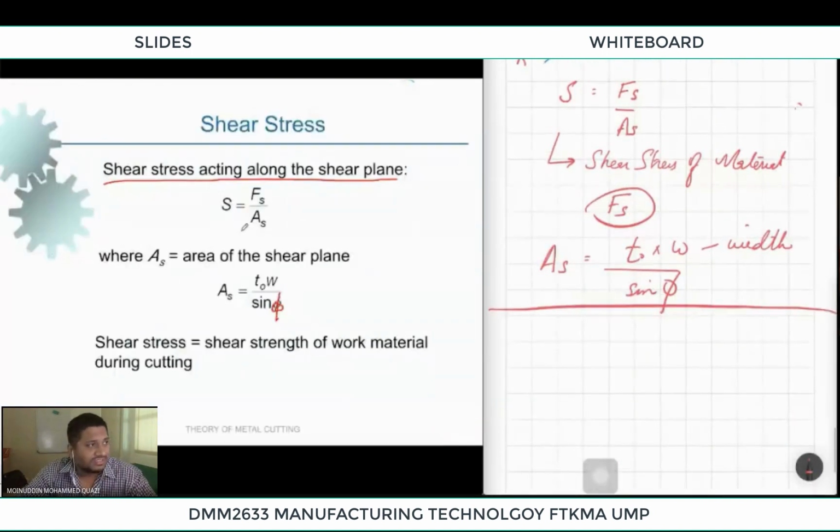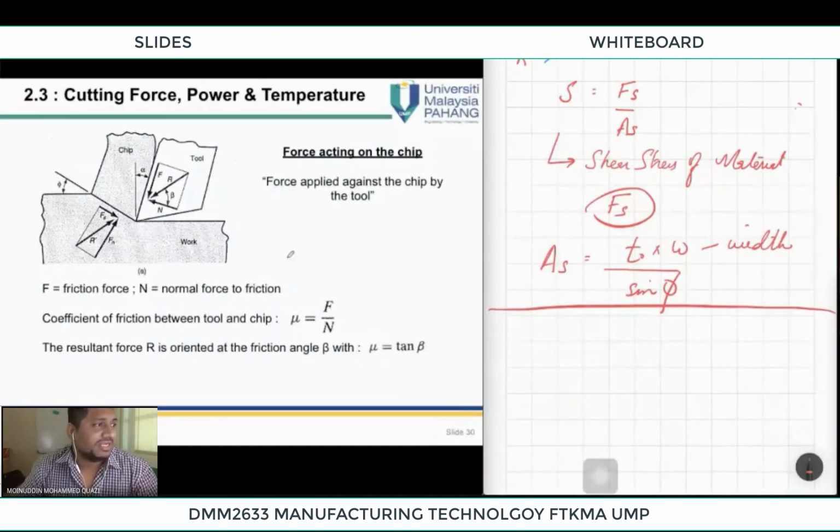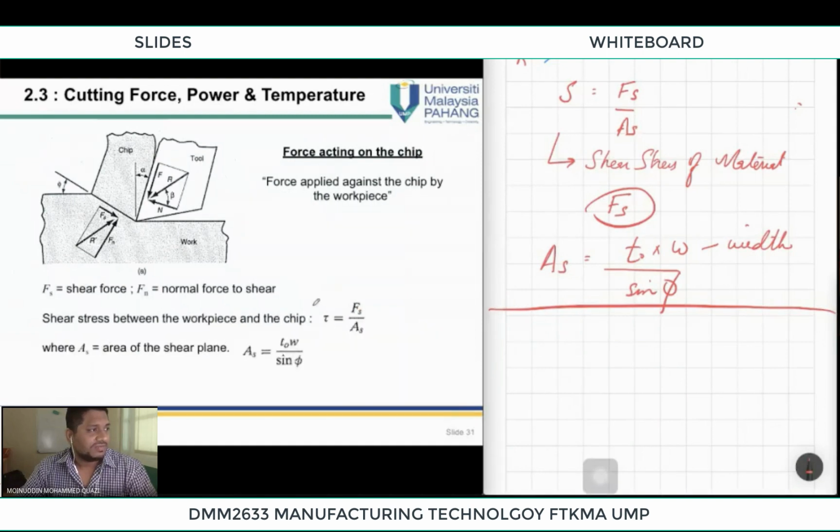So we covered this slide. This is the same slide, I guess. Friction force and mu is equal to tan beta. We already have gone through this. Shear stress equals shear force over shear area. Shear area is equal to T naught W over sine phi.